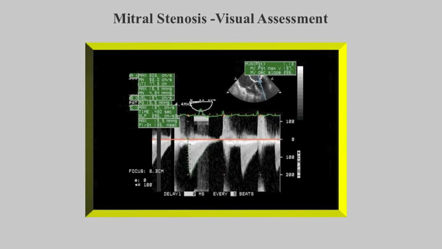Finally, using continuous wave Doppler, a pressure half-time measurement is obtained, showing a mitral valve area of 1.13. Since severe mitral stenosis has a valve area of 1.0 or less, this is consistent with borderline severe mitral stenosis.